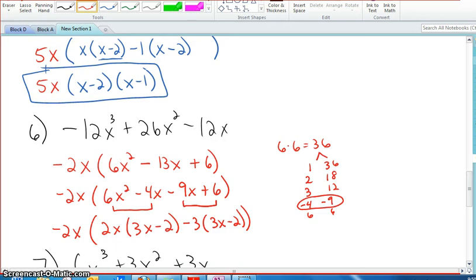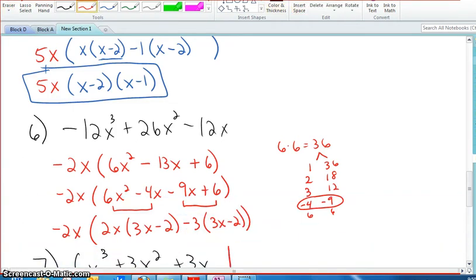And again, if you took out a positive 3, you would see this is negative 3x and a positive 2, and the signs wouldn't be the same. Your two binomials wouldn't be the same. So you know I got to go back and change the sign. So that becomes a negative 3 times 3x minus 2.